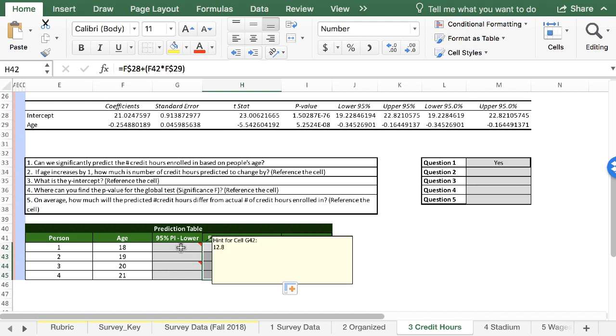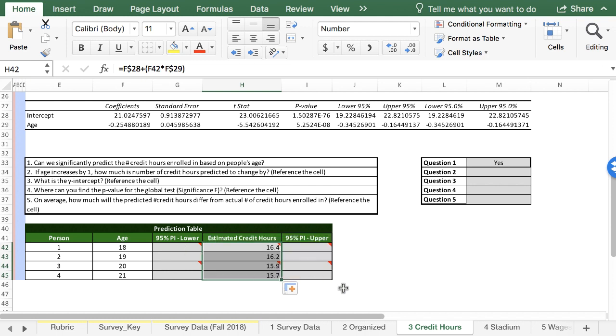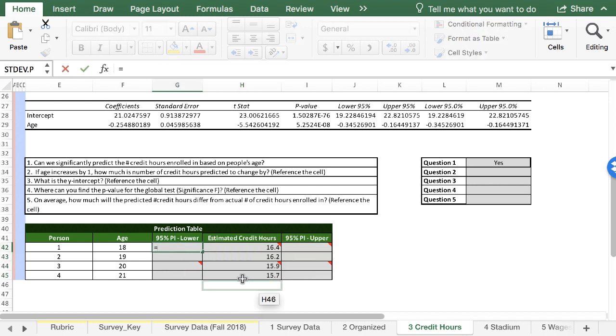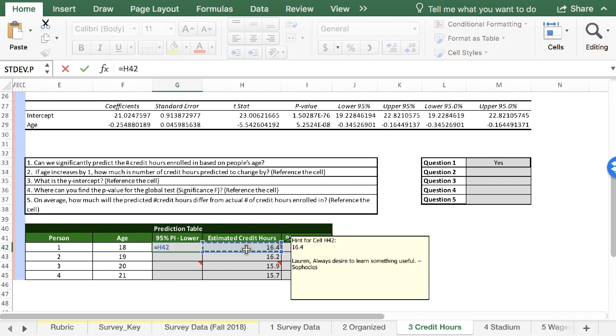Okay, now let's work on the lower and upper scale. So what we're trying to figure out is, can we be 95% certain that the number of credit hours is going to fall between the lower and the upper range? So we're going to go ahead and calculate this. And to do this, we're going to take the estimated credit hours, and on the lower end we subtract.